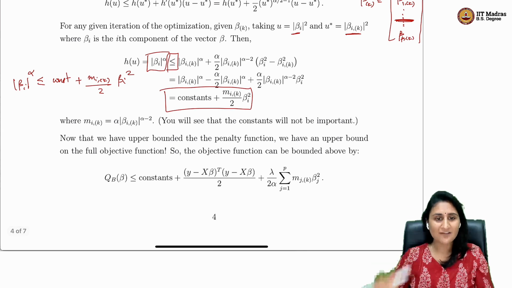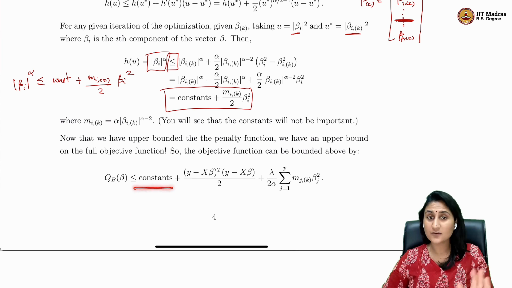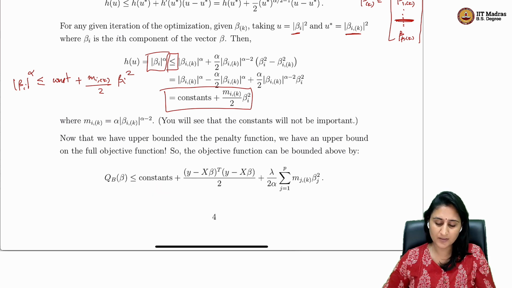So now that we have this upper bound on the penalty function, we have an upper bound on the full objective function, because I can just take this and plug it back. So the objective function can be bounded above by Q of beta is less than or equal to some constants, and I don't need to know the constant, I'll tell you why.